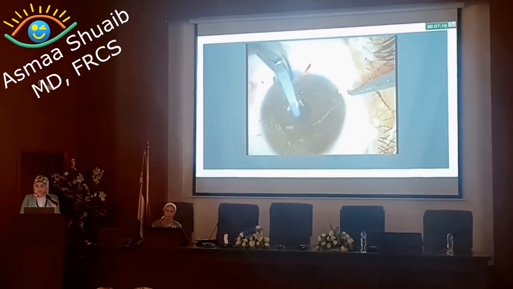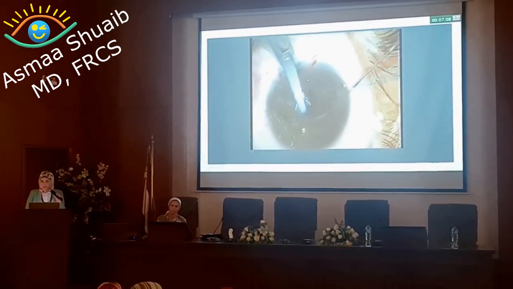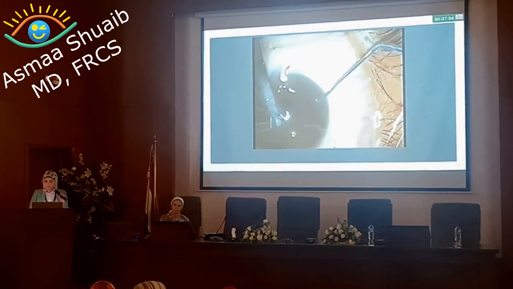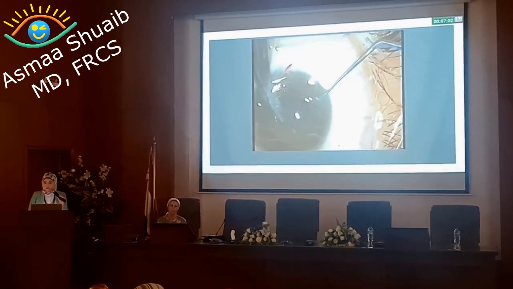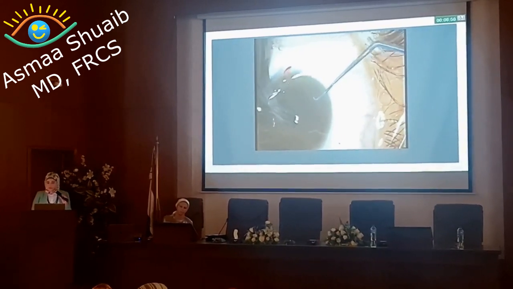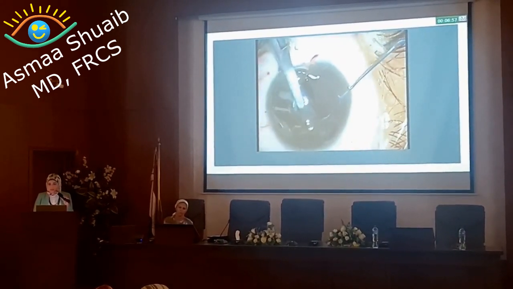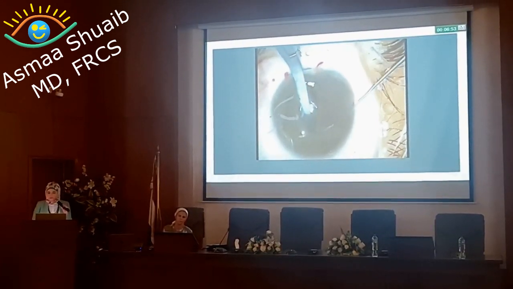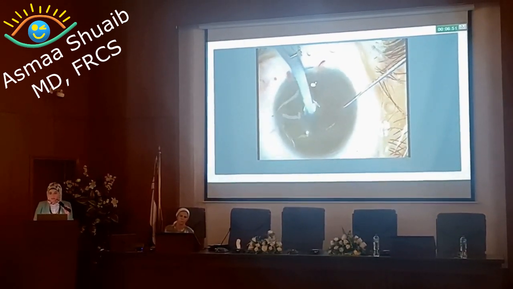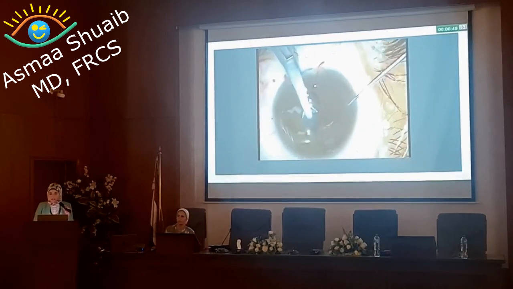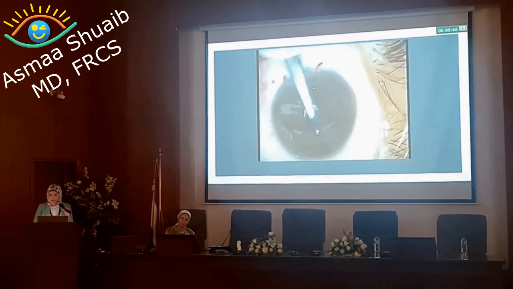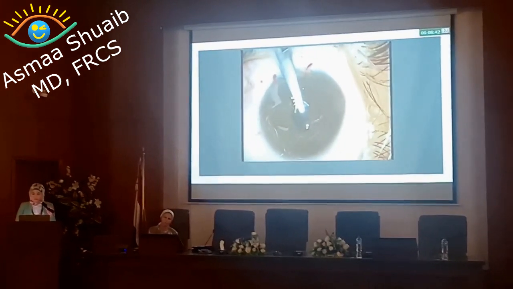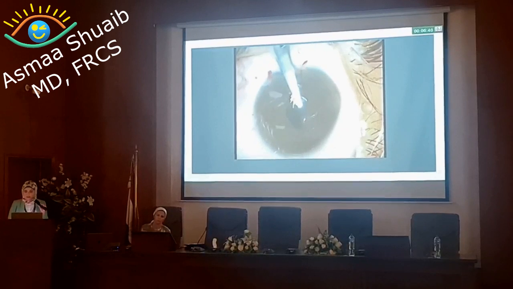Then the first haptic is inserted behind the iris. And using the second Asensky hook, the implantation of the first haptic is done. Here you can see the iris tissue is enclaved within the haptic. After that, the next haptic is inserted behind the iris, as we can see here.